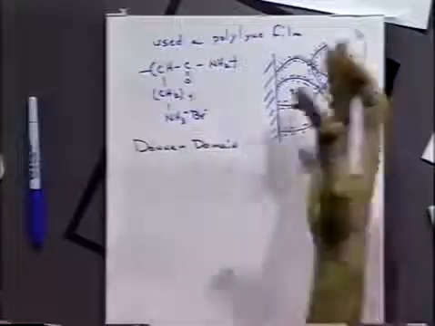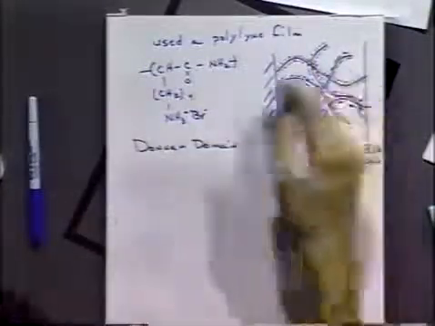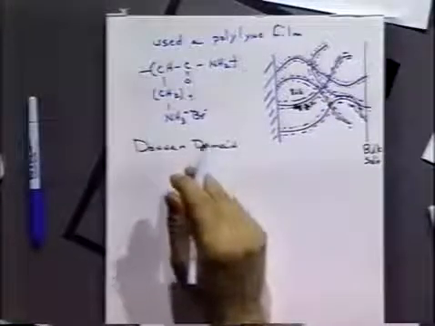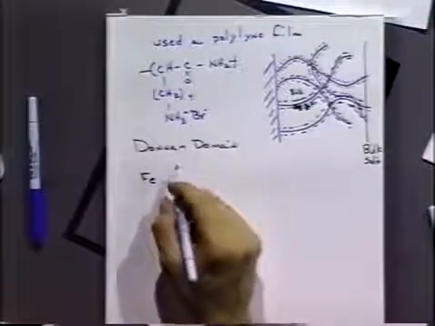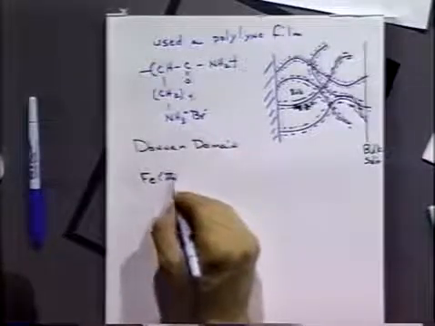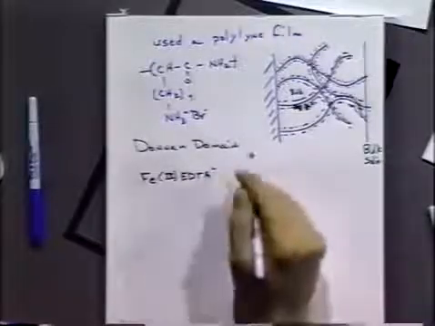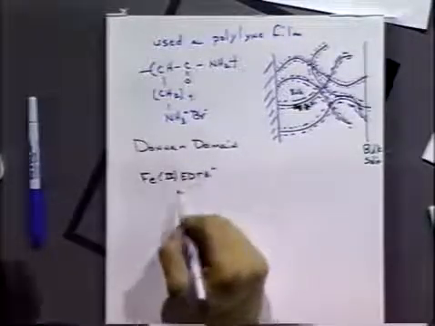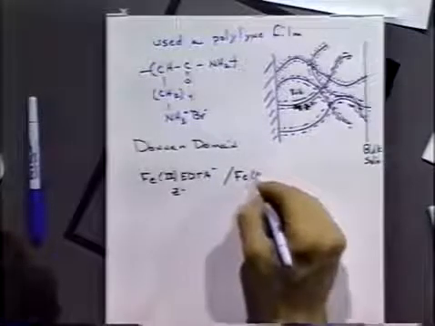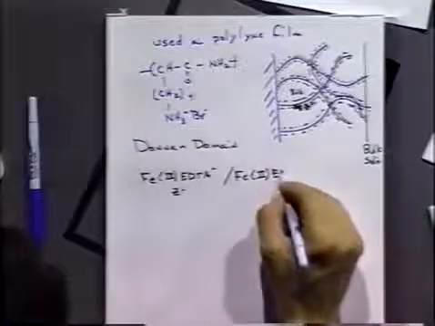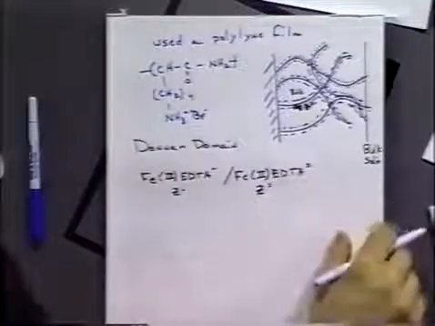And in that Donnan domain, we're going to attract anion counter ions, and we're going to exclude cations from that system. And they used in this system a test molecule that was an iron 3 complex with EDTA. So they used Fe(III) EDTA, we'll call that Z-, and Fe(II) EDTA 2-, we'll call that Z2-, for compactness of the notation.